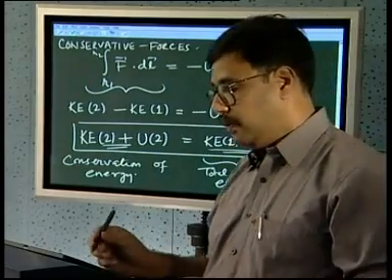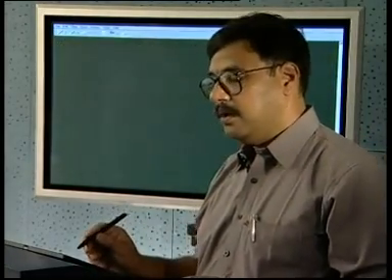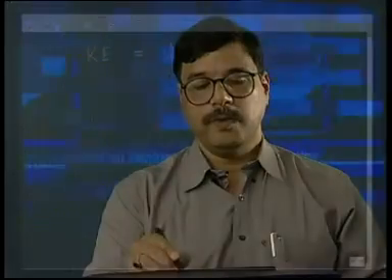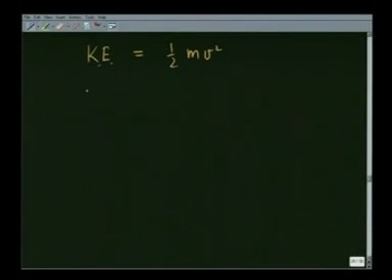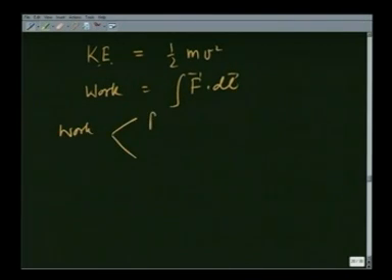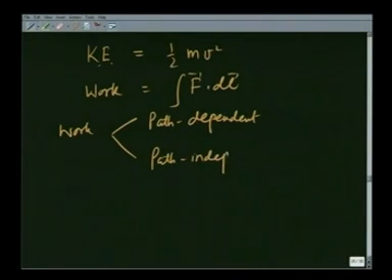Energy. So, let us see what we have seen so far. We have seen that I can define the kinetic energy as equal to 1/2 mv square, work as the integral of F dot dl. Work may be path dependent, it may be path independent.